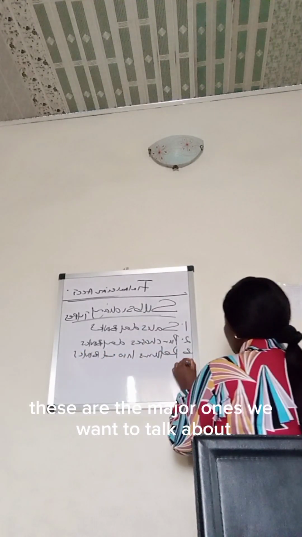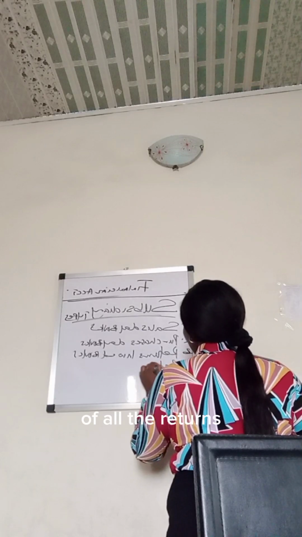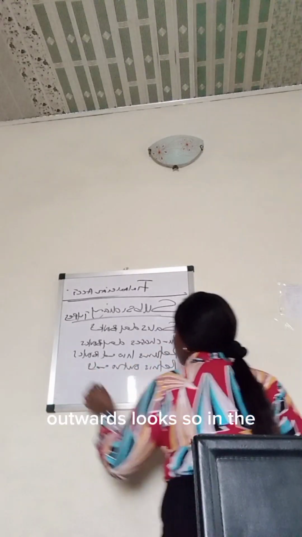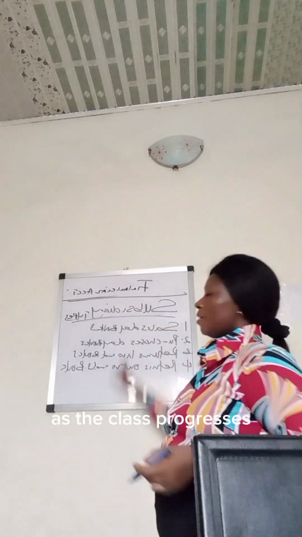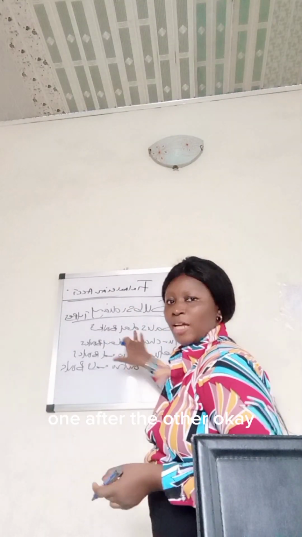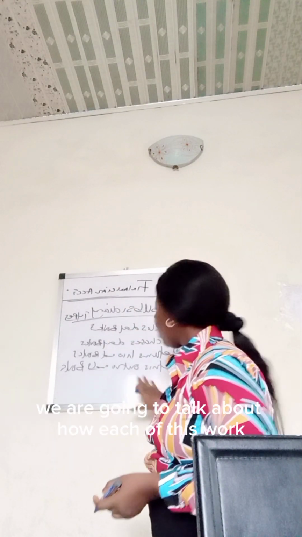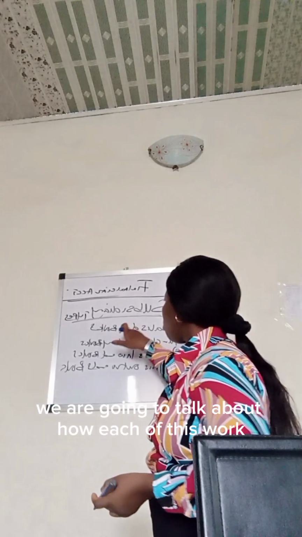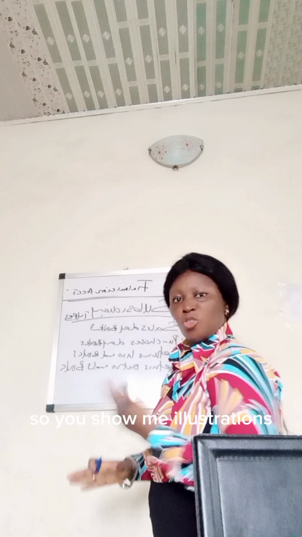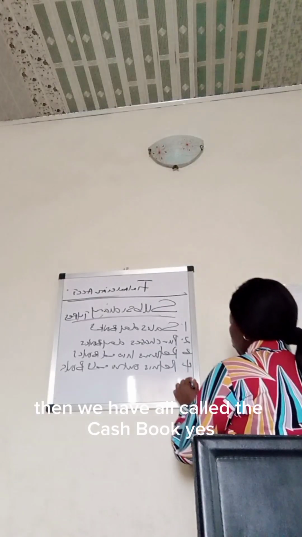These are the major ones we want to talk about. As the class progresses, we are going to analyze each of these one after the other. We are going to talk about how each of them will be calculated mathematically, showing some illustrations. Then we have what we call the cash book.